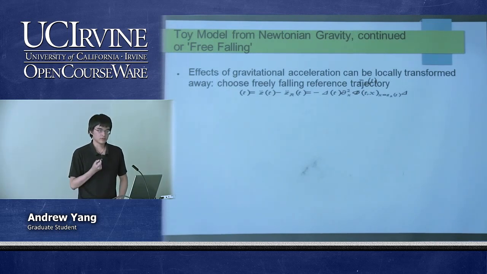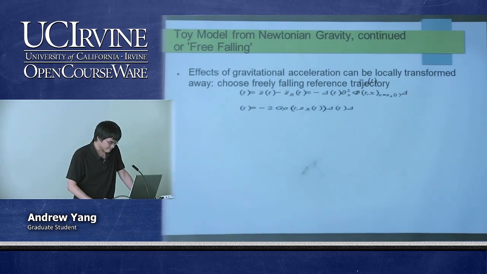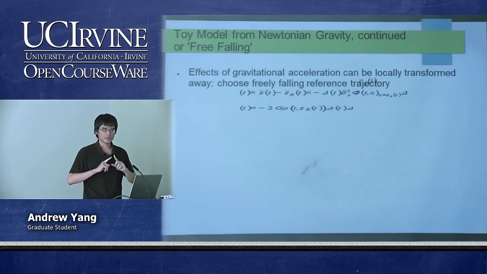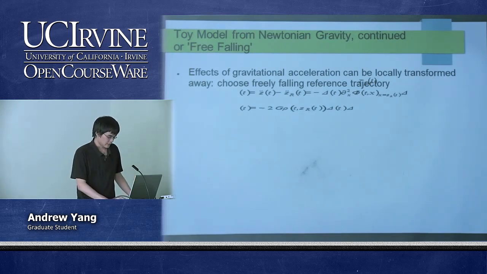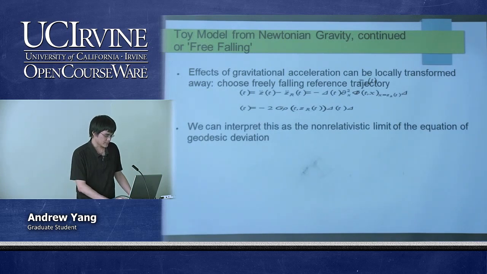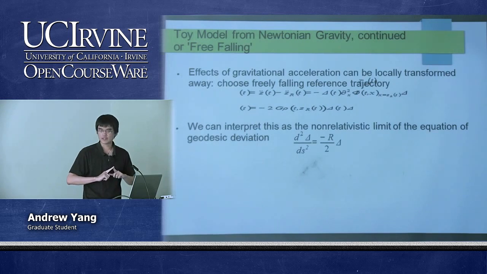And if we require that distance to be small, because we're going to be dealing with local transformations, then to first approximation we can get an acceleration in terms of something similar to a tidal force. And if we interpret this as a non-relativistic limit, we can interpret it as a geodesic equation, or an equation of geodesic deviation.